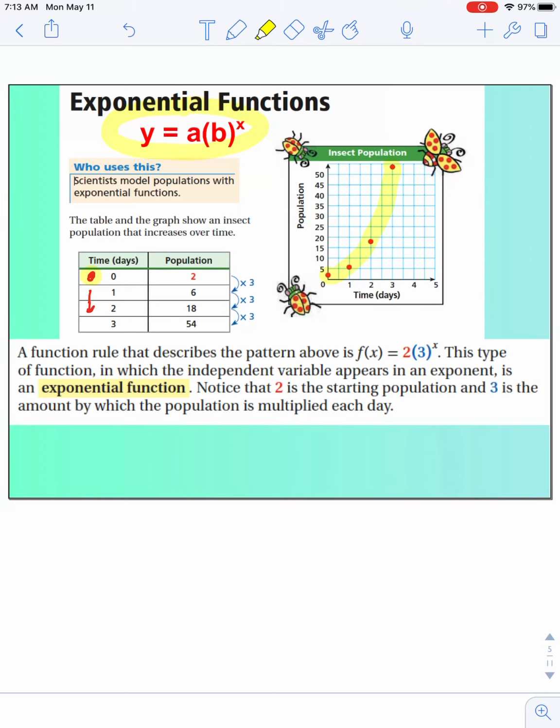So the function rule that describes the pattern above is f of x equals 2 times 3 to the x power. And this type of function, where the independent variable x appears in an exponent, is called an exponential function. So notice a couple things about this example also.